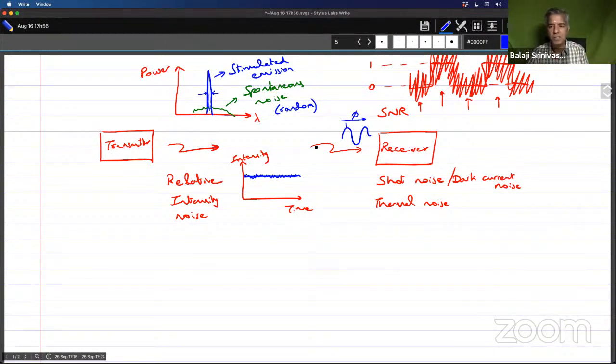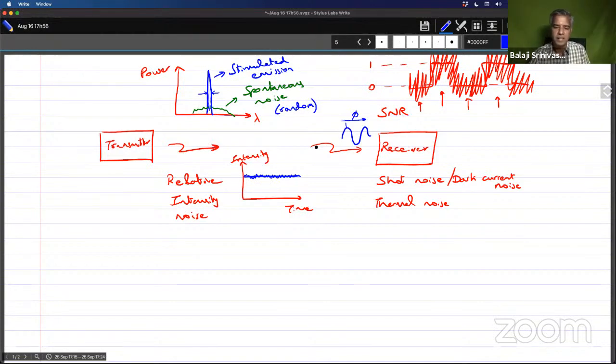So that is what we call phase noise. However, that phase noise is not going to be an issue for us in most applications that we are talking about in this course. It's because typically, whether you consider a communication system or a sensing system, you're looking at changes in the amplitude of light. So phase noise is not an issue. Having said that, some of the state-of-the-art communication systems, which are called coherent optical communication systems, rely on the phase of light, and their phase noise can be important.